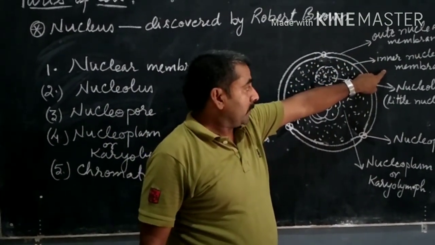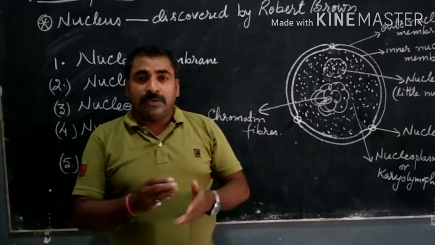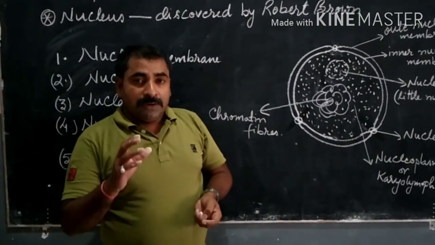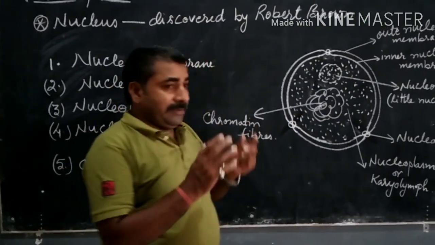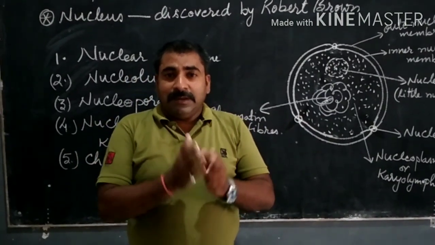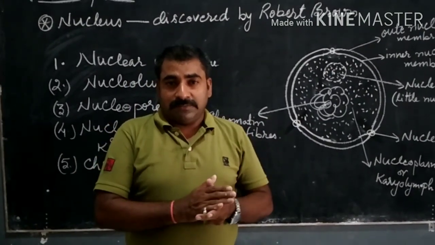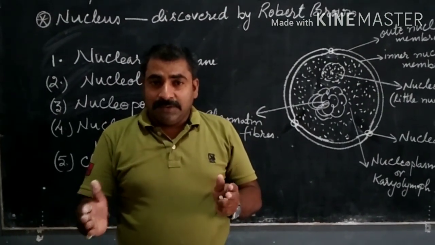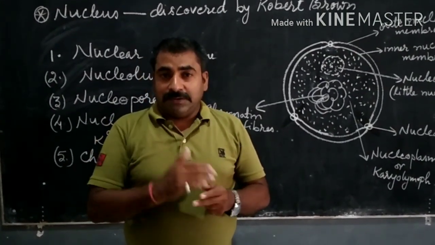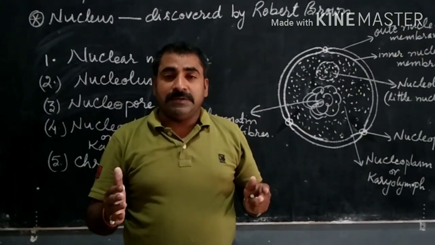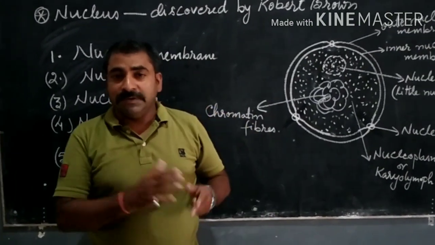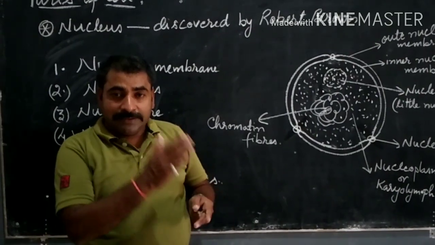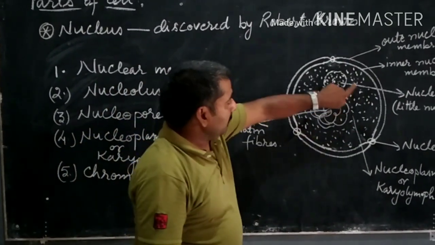Now, what is the main function of nuclear membrane? Nuclear membrane acts as a separating boundary. It separates the cytoplasmic material, whatever materials are present in the cytoplasm, from the nuclear material.